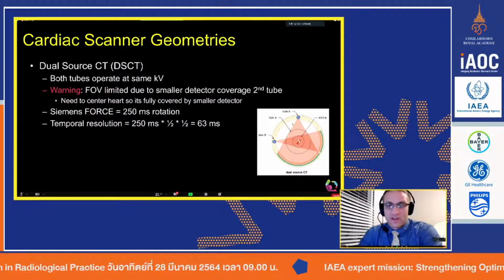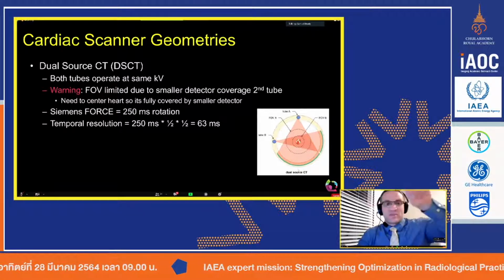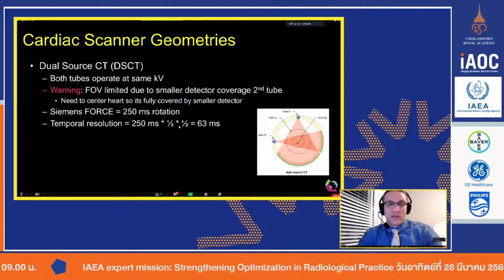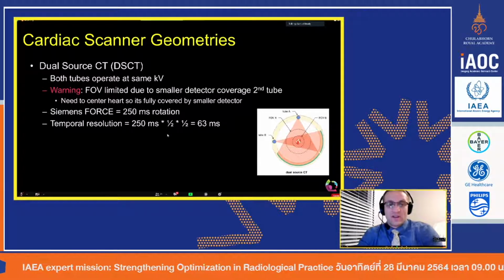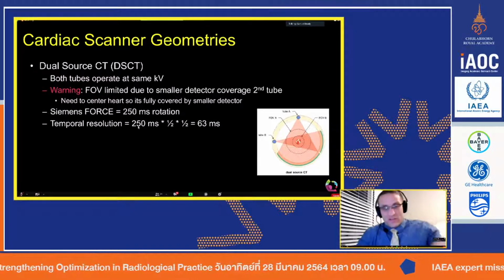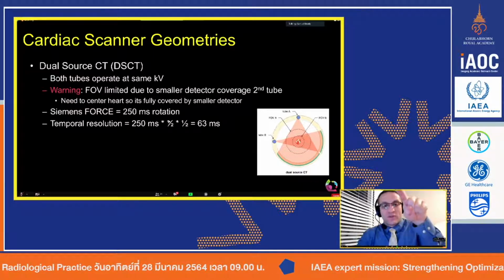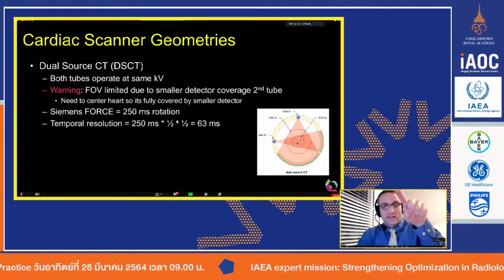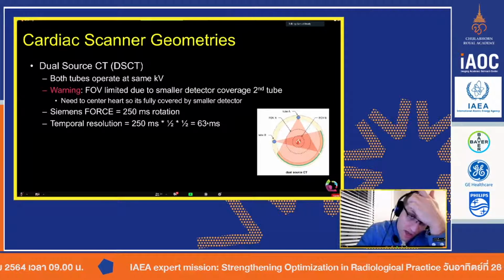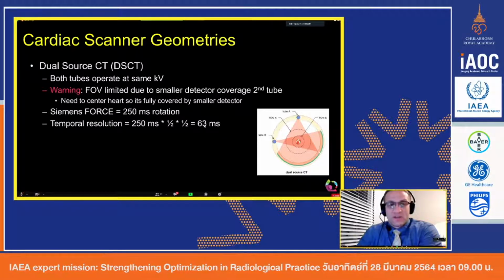Between the data we collect from tube A and tube B, we actually only have to spin half the time. So tube A only has to go 90 degrees and tube B only has to go 90 degrees. If you are imaging at a 0.25 millisecond rotation, that's as fast as it takes to go all the way around, but you only have to go a quarter of that distance, half for tube A and half for tube B. Then you are able to image a heart in that 63 millisecond range.